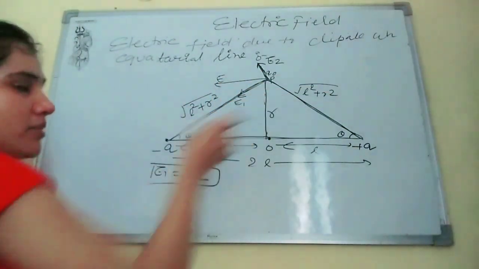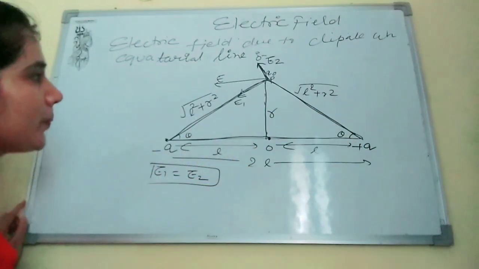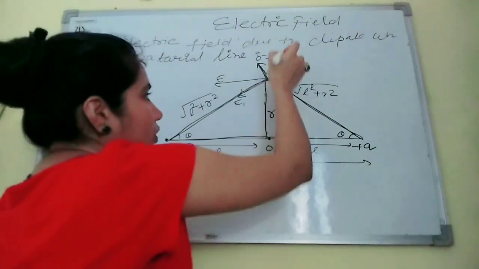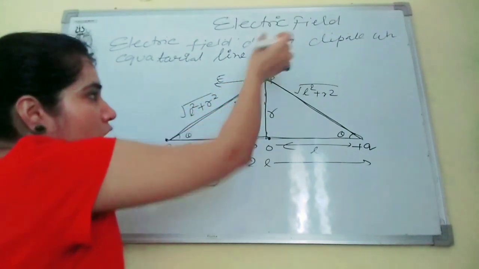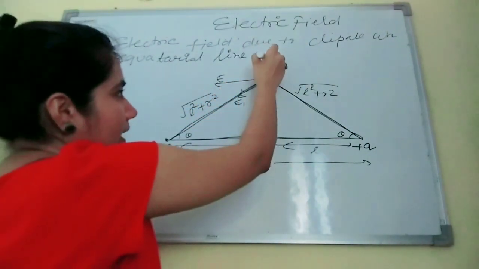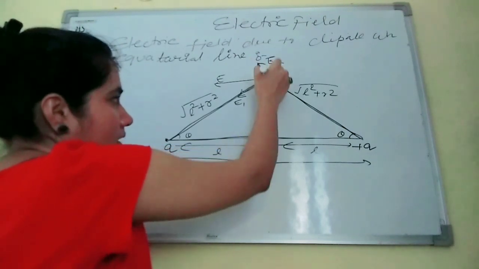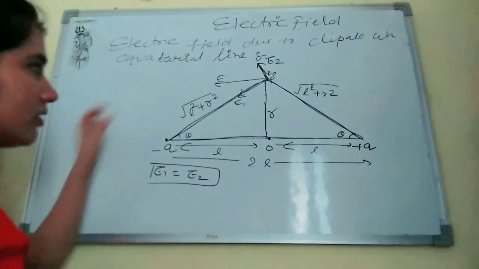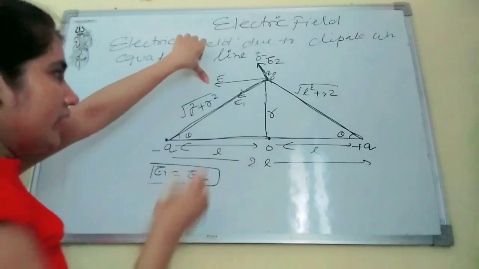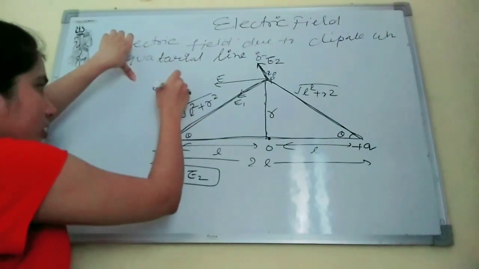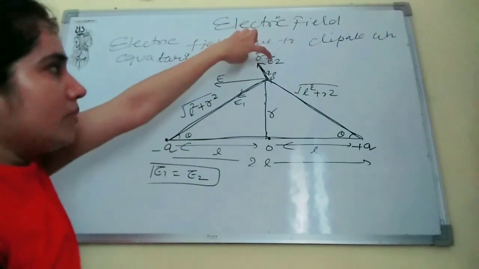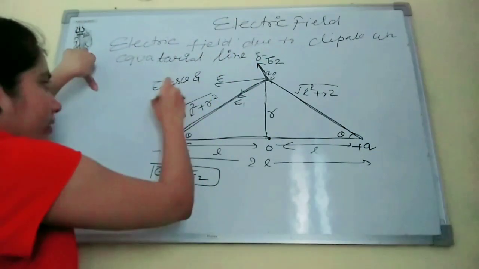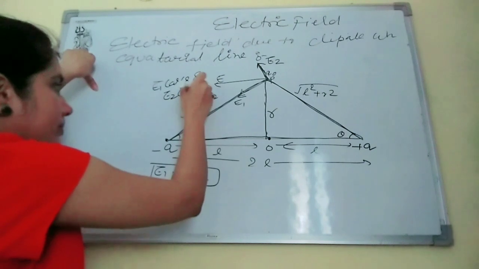Because the distances are similar and charges are similar. Now from this point we will take the components by the component method. For the x-axis, the component in this direction will be E1 cos theta because of E1, and because of E2 it will be E2 cos theta.